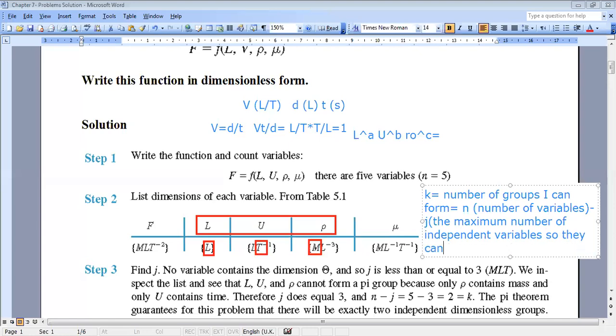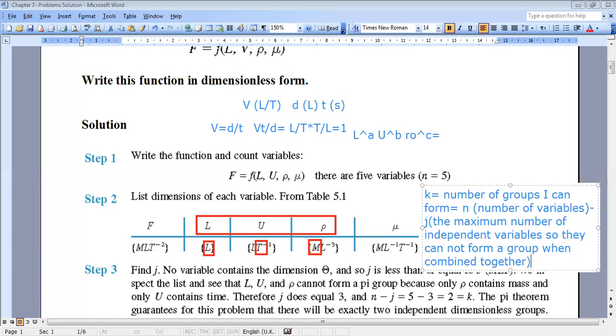They cannot form a group when combined together. When they are combined, they're not dimensionless. Yes, exactly.